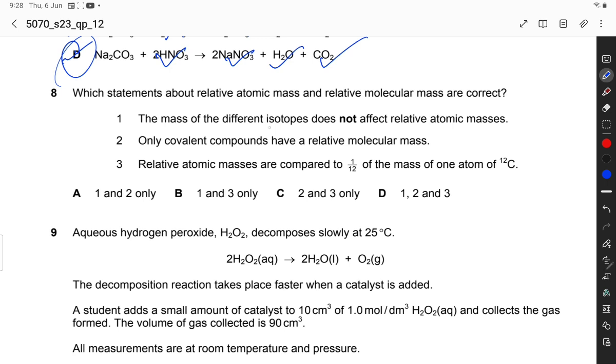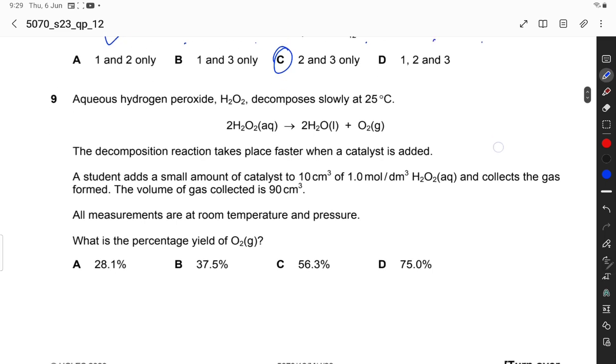Yes, it affects it, so this is incorrect. Only covalent compounds have a relative molecular mass. Yes, it is correct. Relative atomic masses are compared to 1/12 of the mass of one atom of carbon-12. Yes, this is also correct. So 2 and 3 are correct, and C option is the correct option.